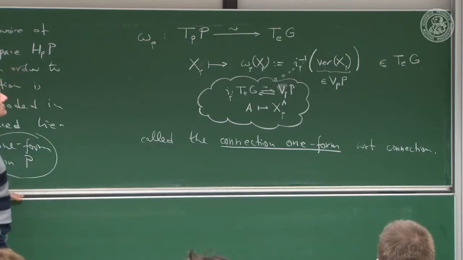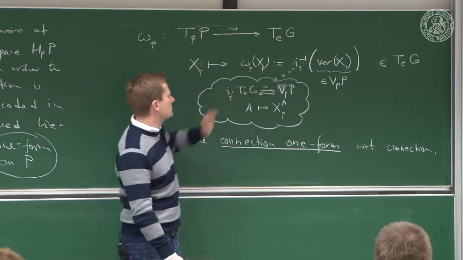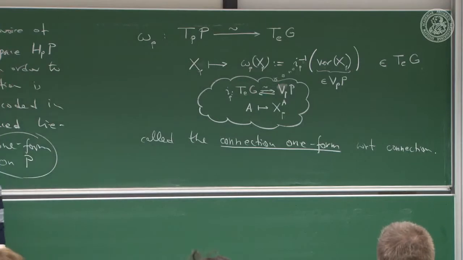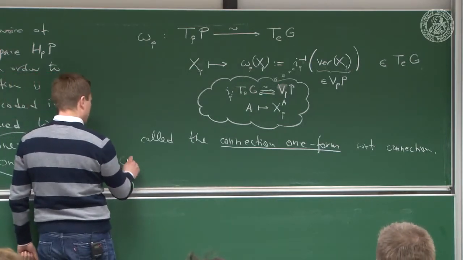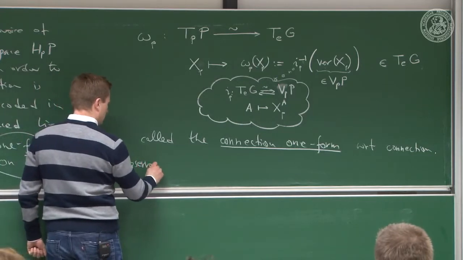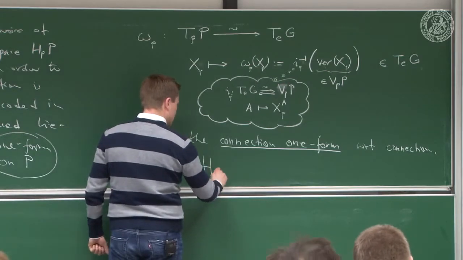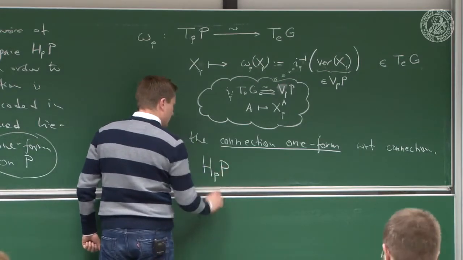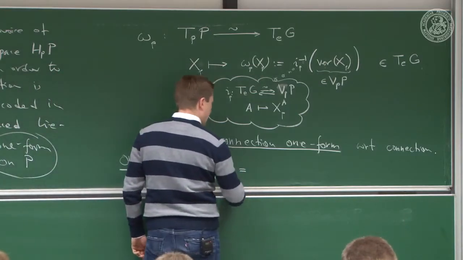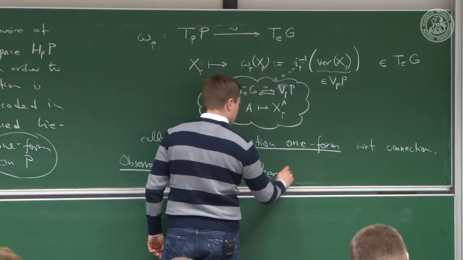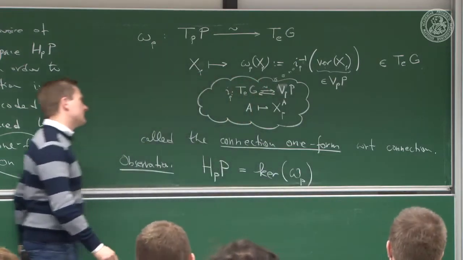So that means given the horizontal subspaces, I can construct this form. How do I get back the horizontal subspaces? Observation: the horizontal subspace at a point P is recovered from the omega as the kernel of omega at this point.